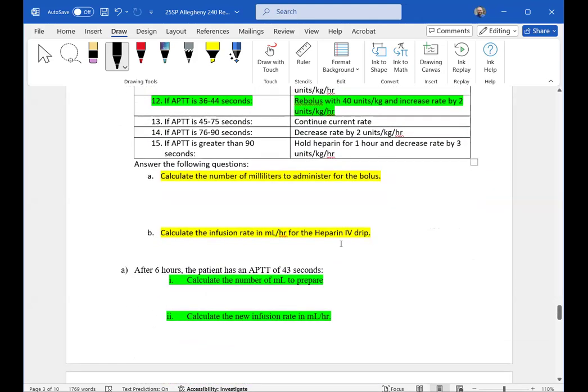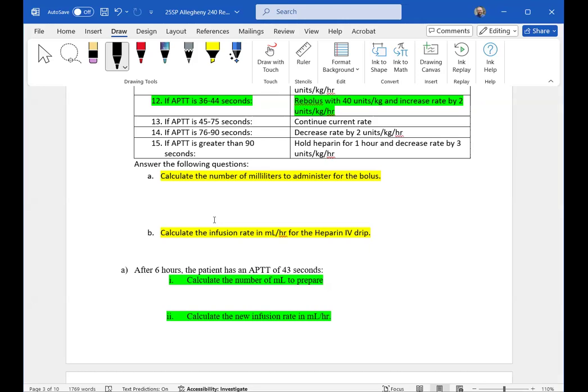Okay. In the math part, they're most likely going to give you these two questions: calculate the initial bolus, calculate the initial infusion rate. I don't think they're going to do what I have highlighted there in green, but I put that there just for extra practice. I will also tell you, if you go to the 220, 230 packet, I put a whole bunch of additional heparin protocol practice.